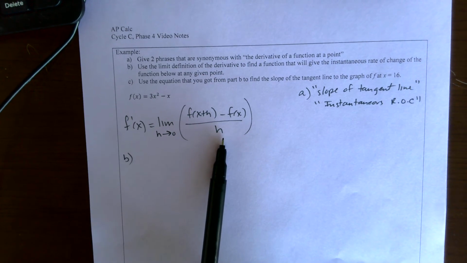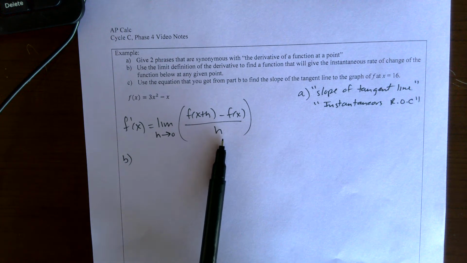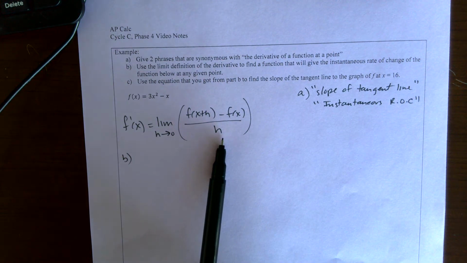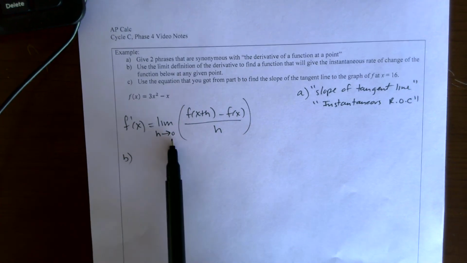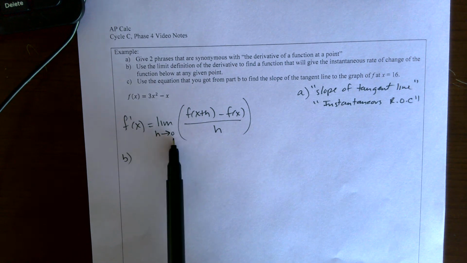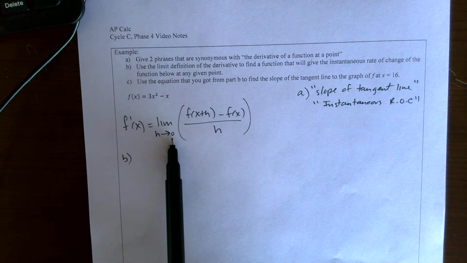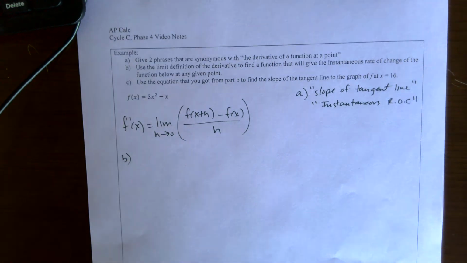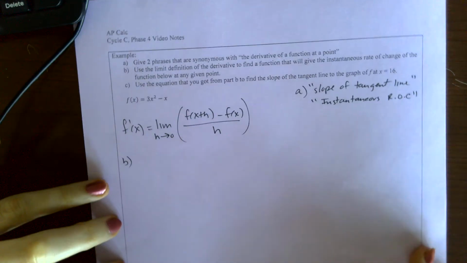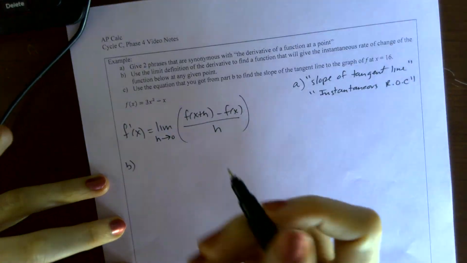Now guys, when we use this formula, we're going to have two variables, an x and an h. It's important to know that when we direct substitute 0, the 0 is going in for h, because it's h that is getting closer and closer to 0, not x. Okay, so here we go.